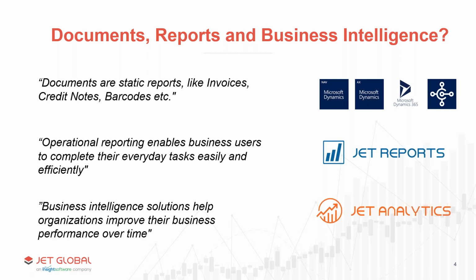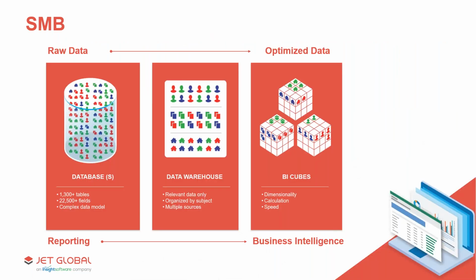Jet Reports is used for operational reporting, and that's more where you're triggering a report to ask a specific question of the ERP, and then it goes off and fetches the results that the report calls for. And analytics is more where you are putting together a much larger data model, which is optimized for speed, and it is suited for looking at data over a much longer length of time, for example, to see trends.